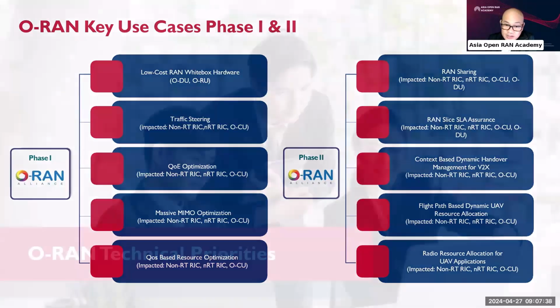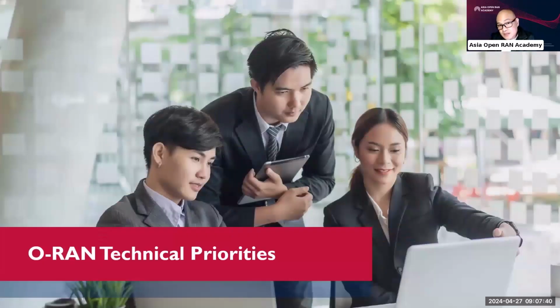Okay, so the ORAN technical priorities, this was created by the European operators that are actively embracing the Open RAN movement. So they are seeking to transform their networks and drive innovation in the telecommunications industry.